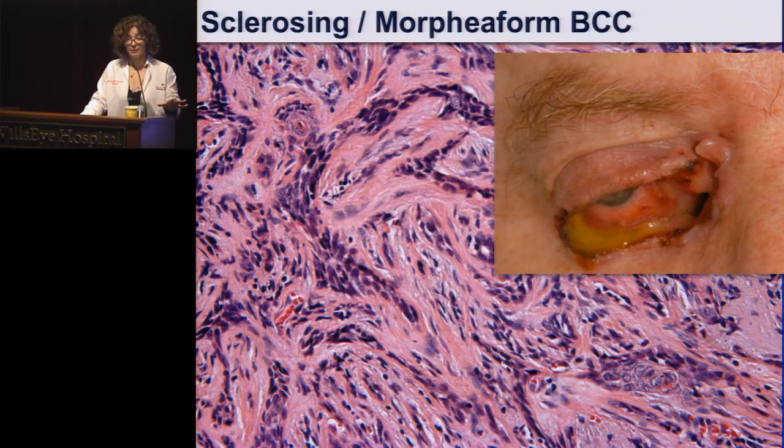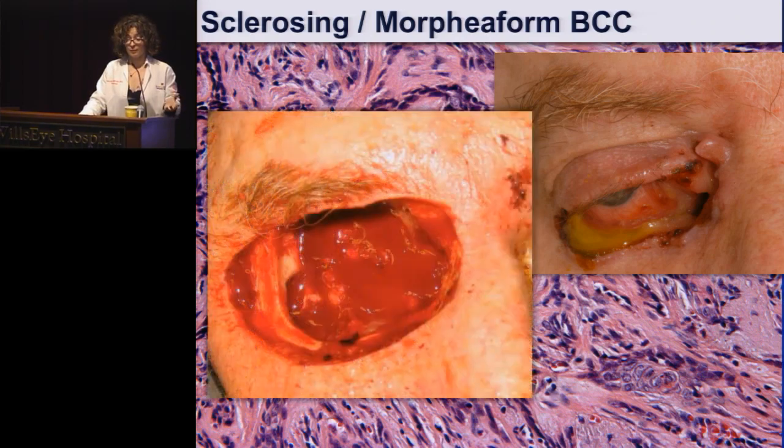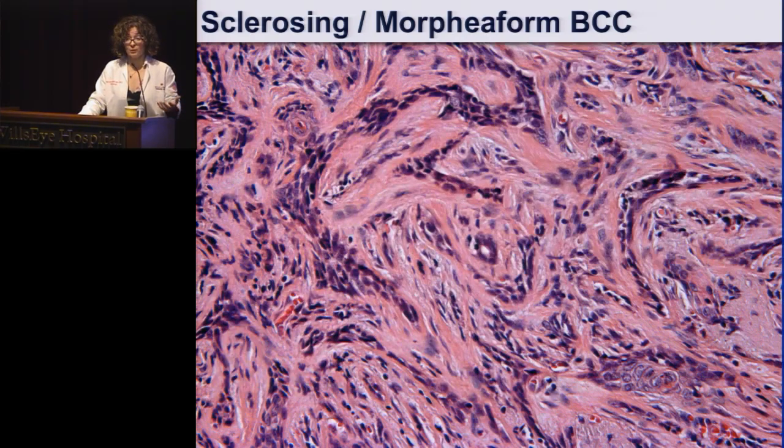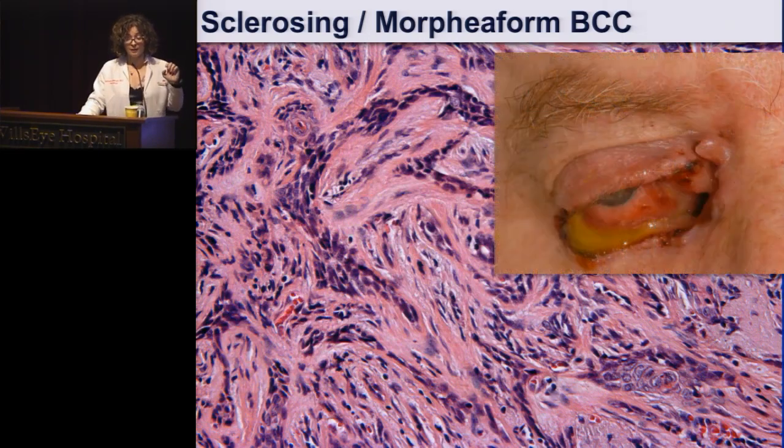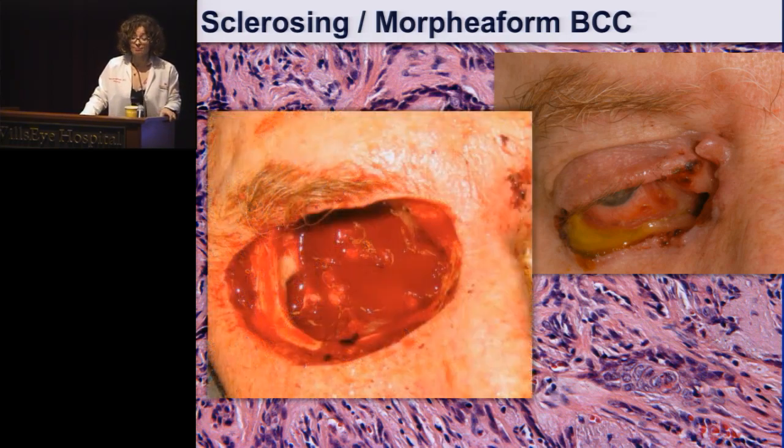So they exenterated this orbit, and the final pathology was morpheaform or sclerosing basal cell carcinoma, as you may expect, where the tumor infiltrates the stroma without tumefaction. So you don't really see appreciable nodularity. It just grows into the stroma with these basaloid bands and strands of cells associated with significant desmoplasia. Yes? What makes it a rodent bite?